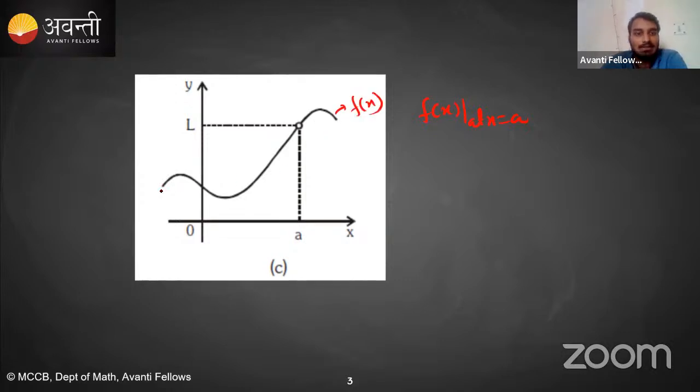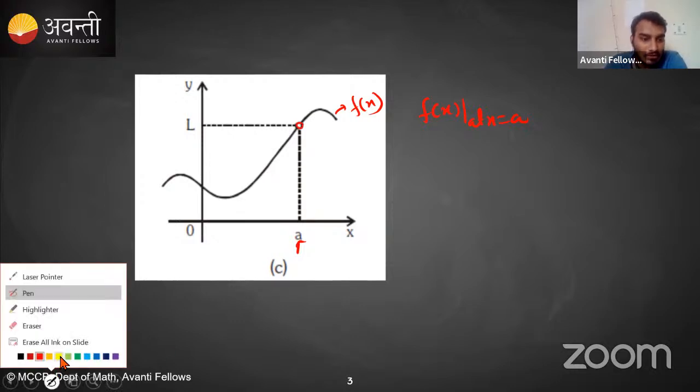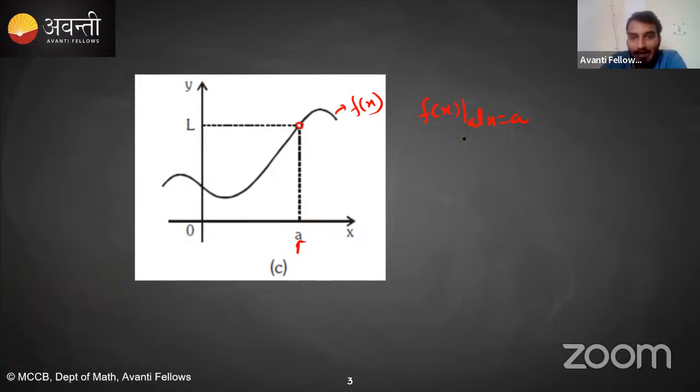As you can see, this is the graph of f of x. At x is equal to a, it is hollow. It means it is not taking any value. So you will say f of x at x is equal to a is not defined. There is no value it can take, yes or no?